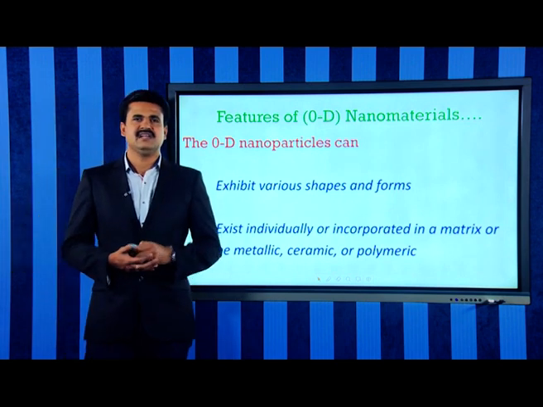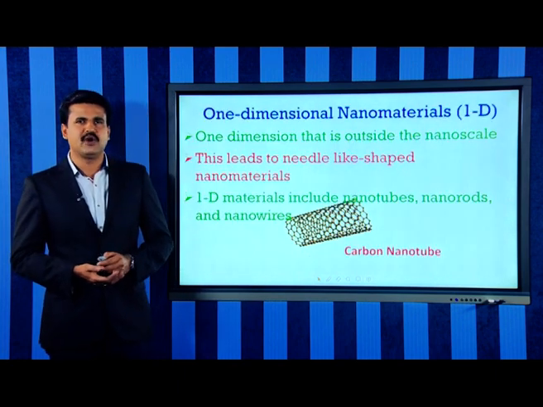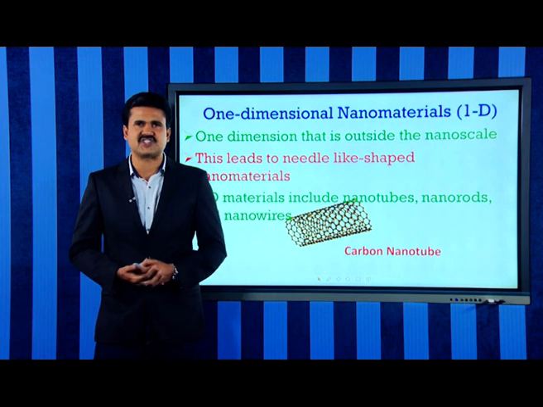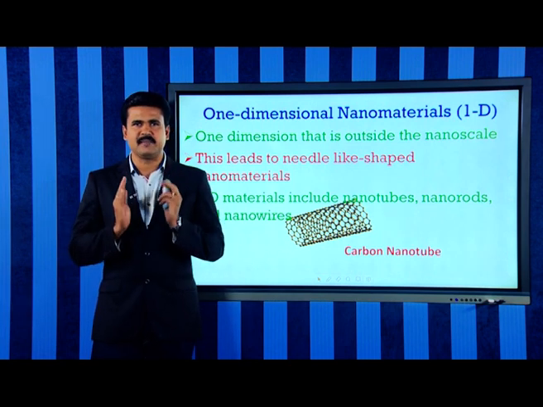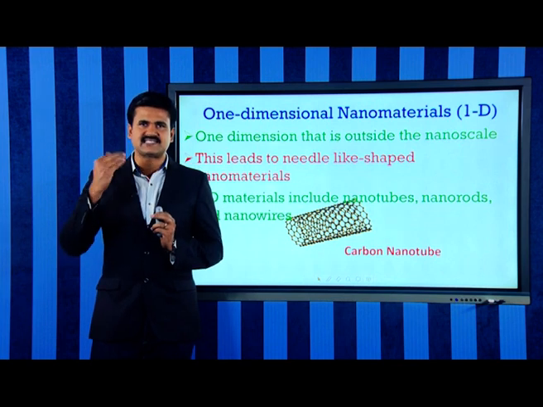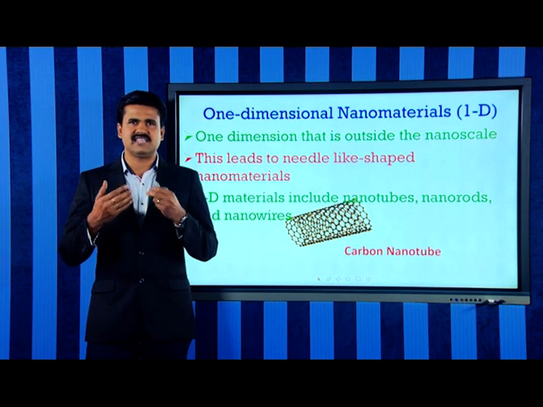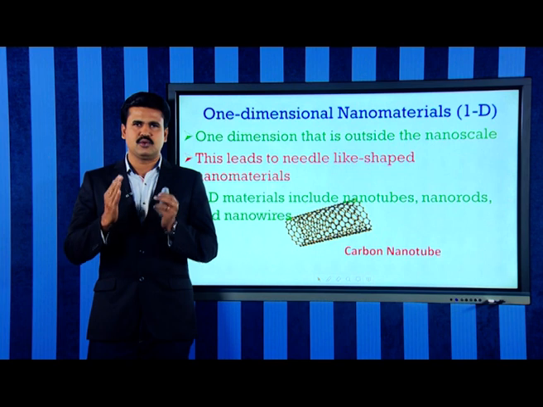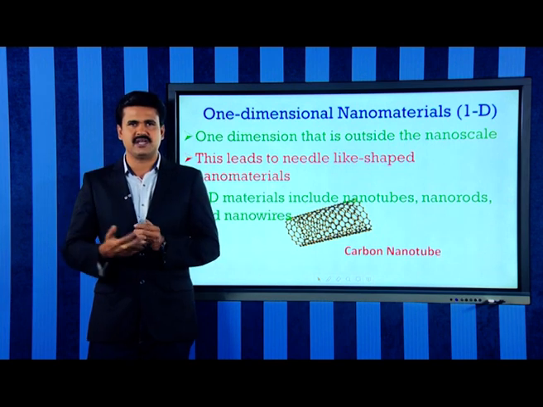Regarding the next type, that is the one-dimensional nanomaterial, that is the second classification. As the name represents, one dimension is outside nano regime. That is, among x, y and z direction, one direction of the nanomaterial is outside nano regime.